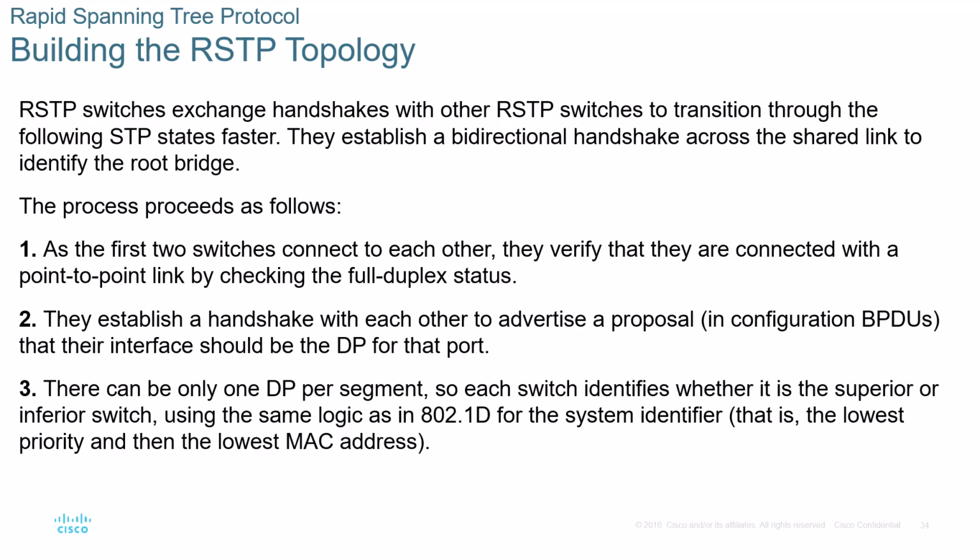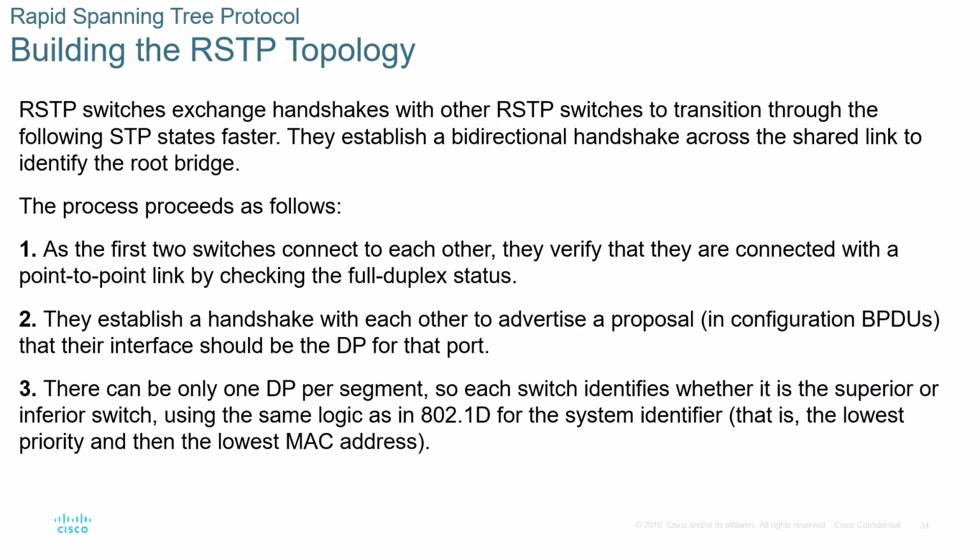There can be only one DP per segment, so each switch will identify whether it's the superior or inferior switch based off of the priority, the extended VLAN ID, and the lowest MAC address, using the same logic as the 802.1D protocol for STP, which uses the system identifier.